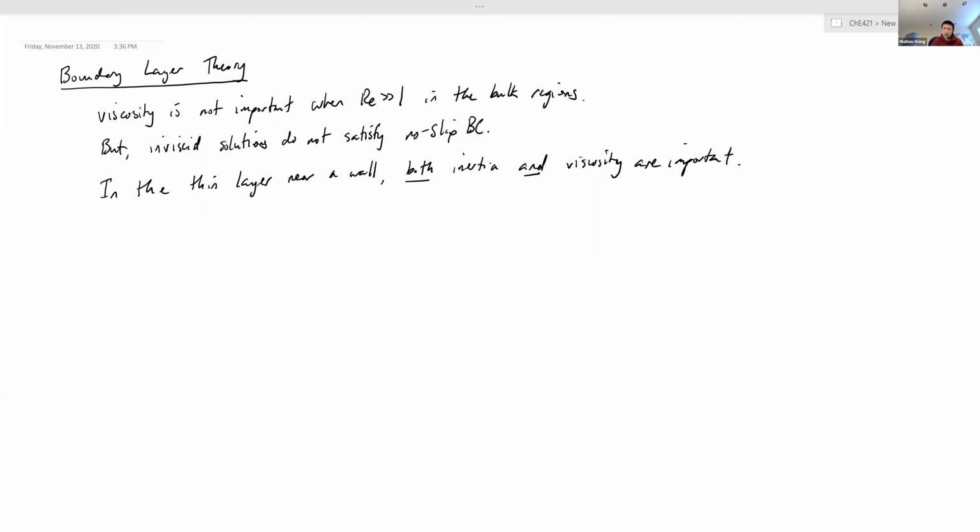And I'll say that this is just the other half of the singular perturbation analysis.